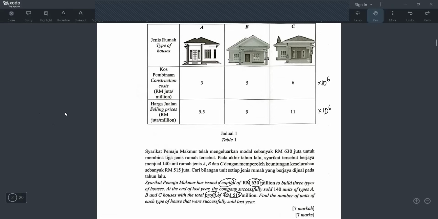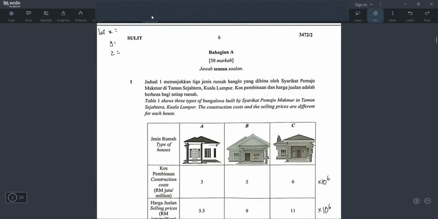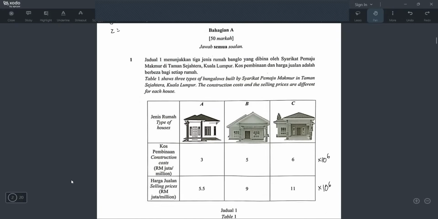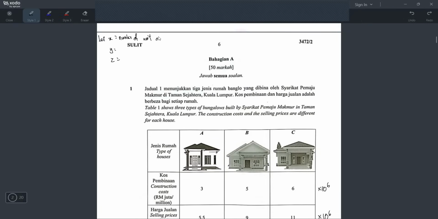Number of units of each type of house, means number of unit A, B, and C. So what I will write here is let X equal the number of units of house A, and then Y equal the number of units of house B, and then Z equal the number of units of house C.